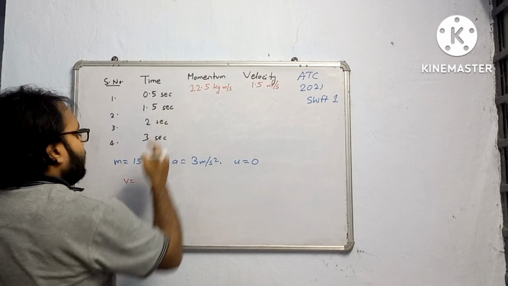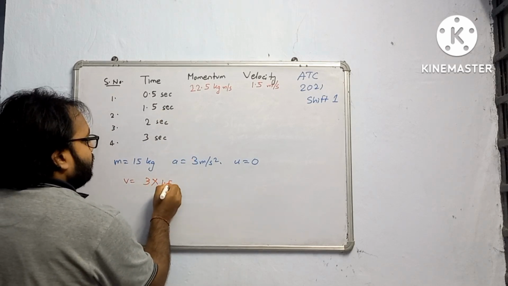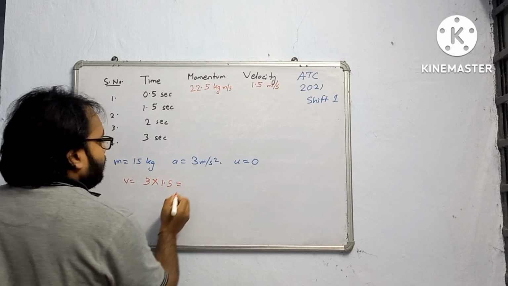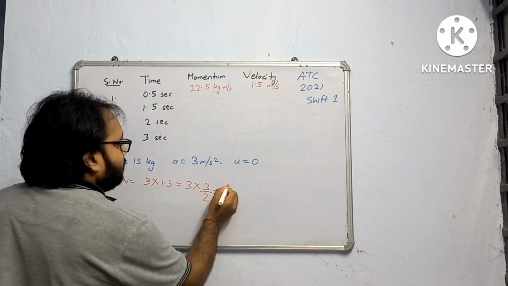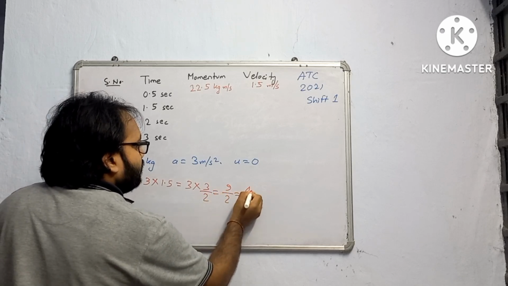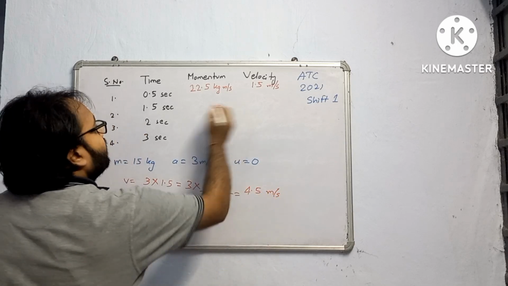T is 1.5, acceleration is 3. 3 into 1.5, how much is that? 3 into 3 by 2, 9 by 2. So it will become 4.5 meter per second.